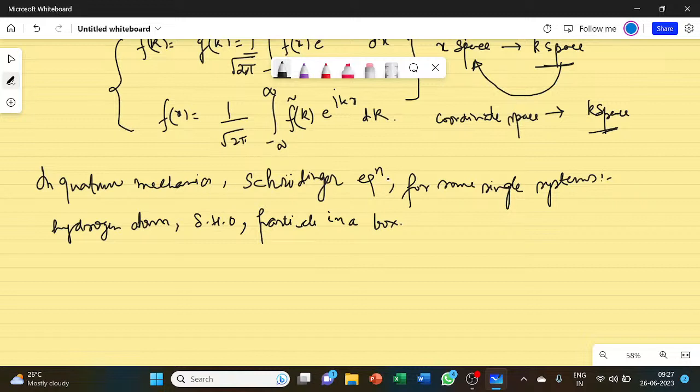So in quantum mechanics, the Schrodinger equation for some simple systems is usually written in terms of the wave function. The solutions of these Schrodinger equations are nothing but these psi of x.